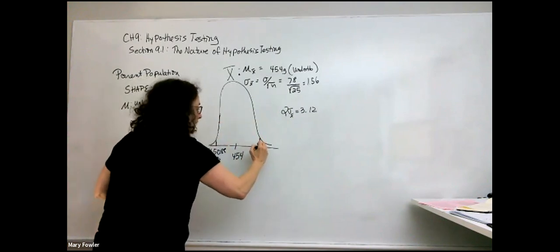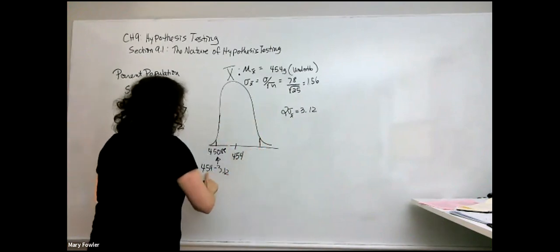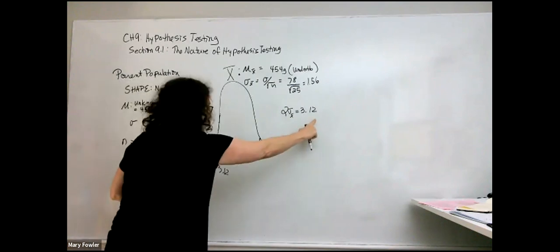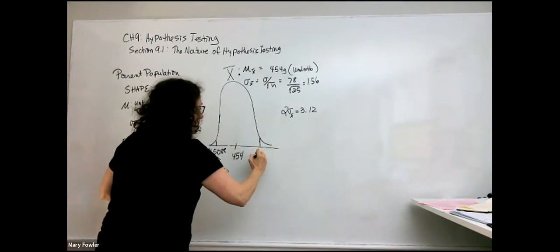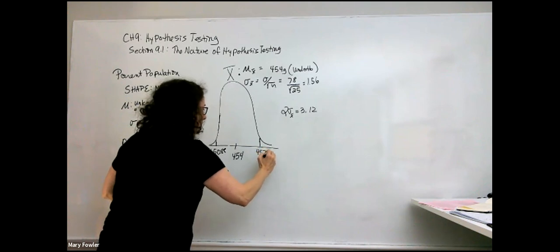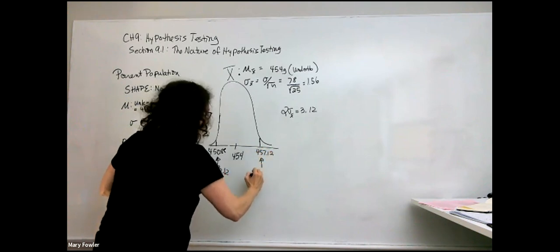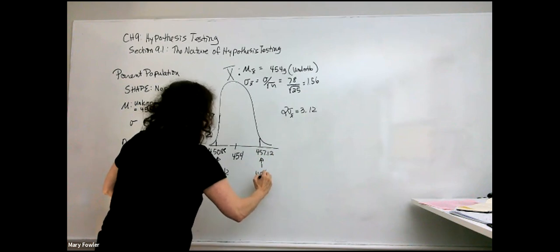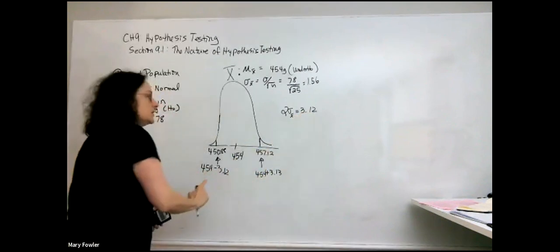And over here, this is 454 plus 3.12, so that would be 457.12, and just so you see where that comes from, I'm just adding the 2 sigma to each side.